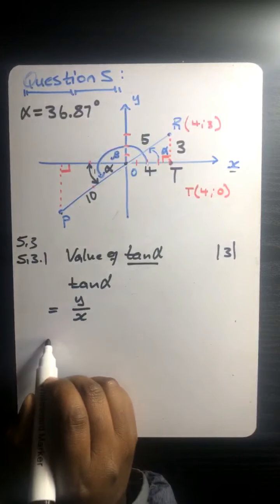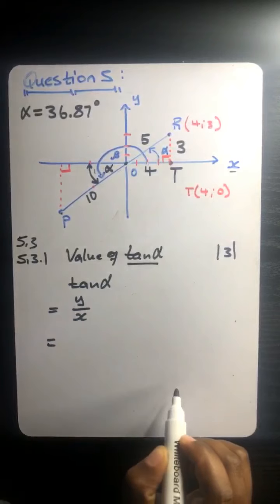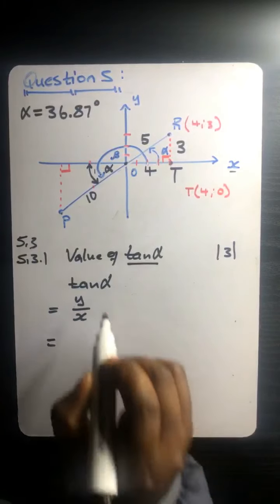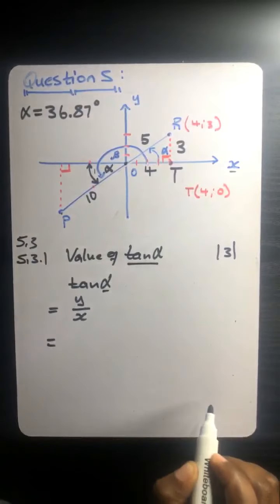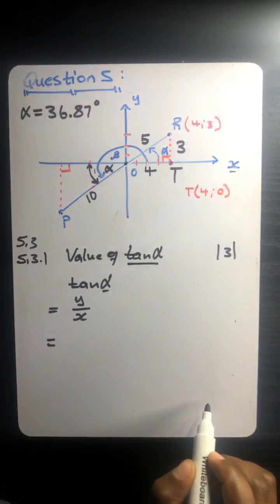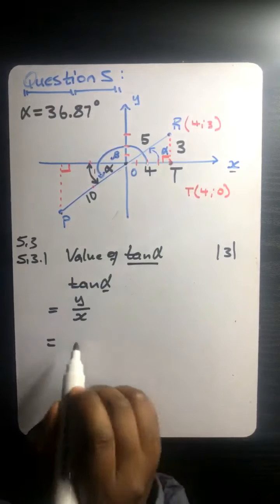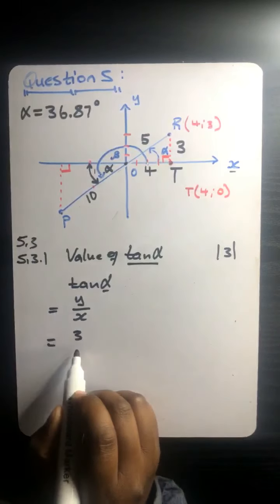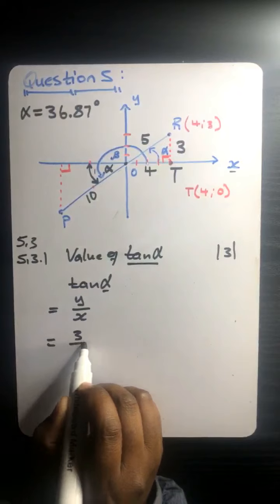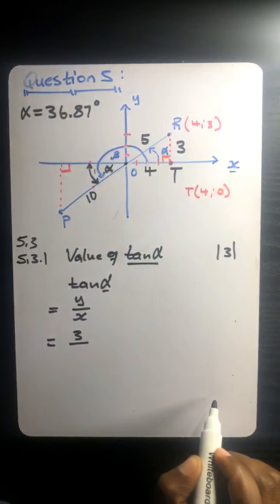So what is y for the triangle that has an angle being alpha? Y is 3, isn't it? What is x?